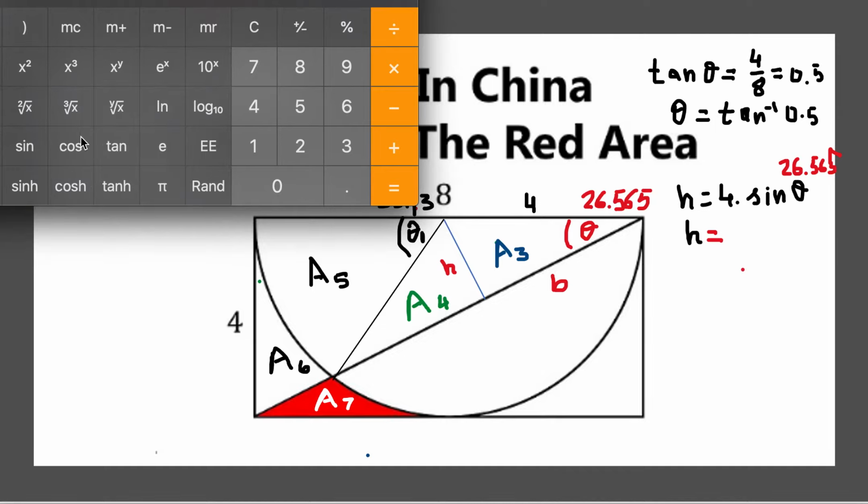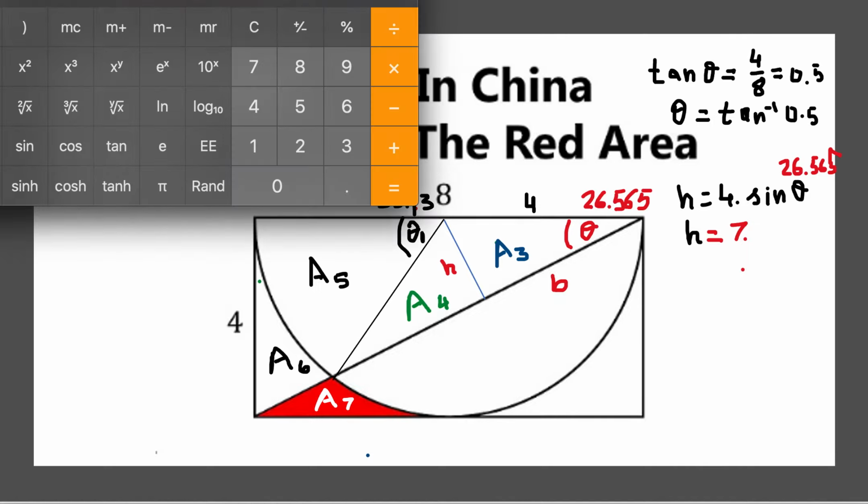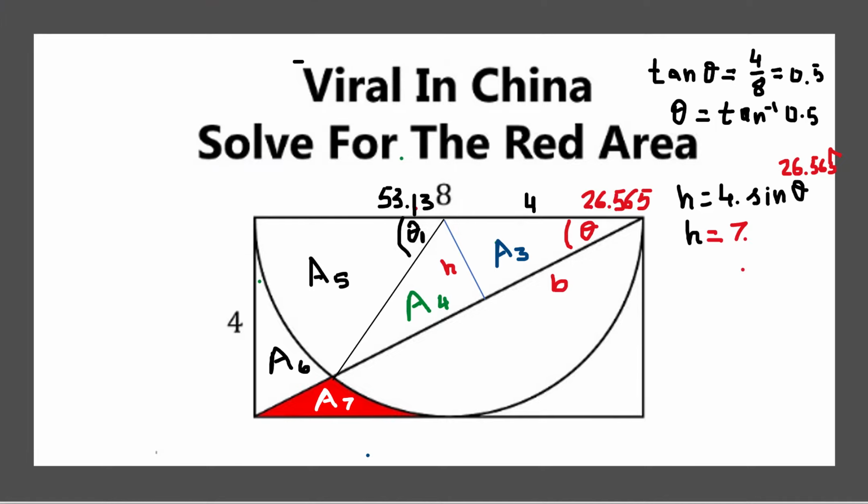So the sine is 0.4, and times the hypotenuse 4, we have the value 1.788. So h is 1.79. Let me write 1.79.